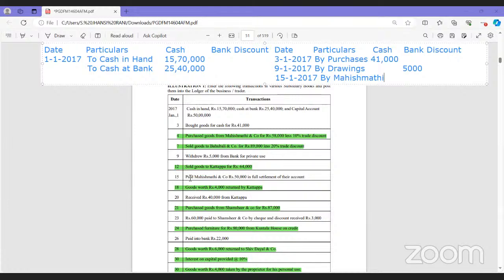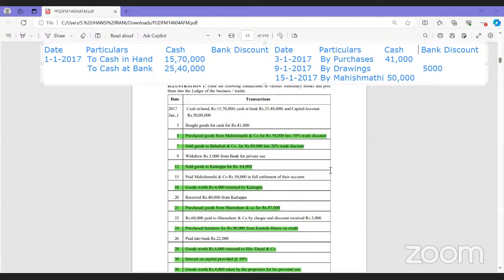But here they did not mention if it is through bank or cash. When nothing is mentioned, we assume they paid through cash only. So I'll write in the cash column, paying 50,000. So this is cash column, this is bank column.